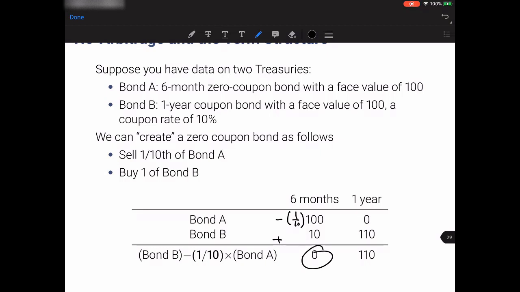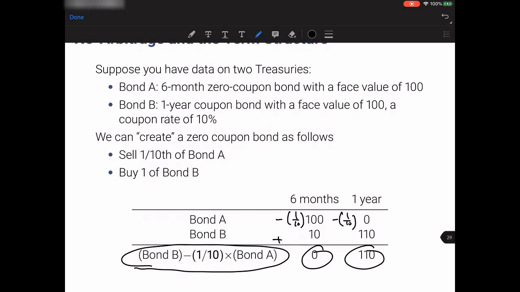Do the same thing for 1 year. -1/10 times 0 is 0, plus 110, and you'll have a cash flow payment of $110 at the end of 1 year. So at the end of the day, we've constructed a portfolio of bond A and bond B that mimics a zero coupon bond.